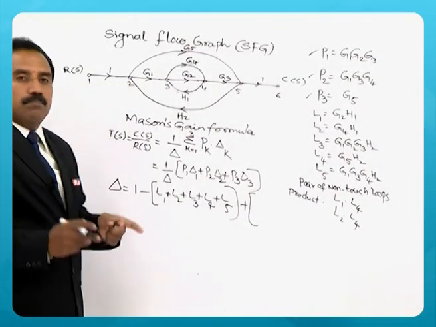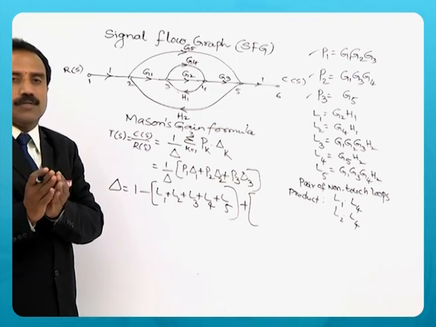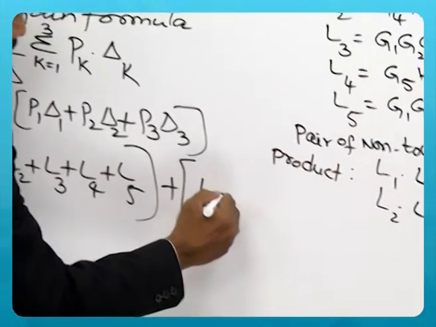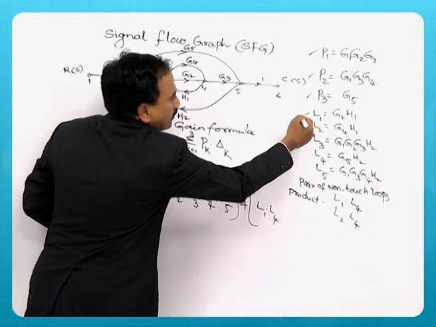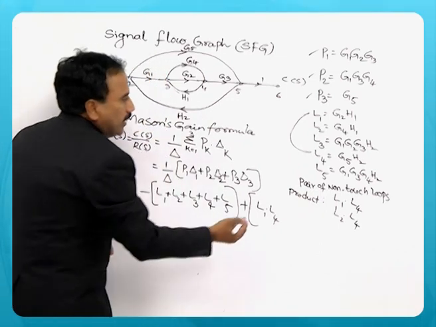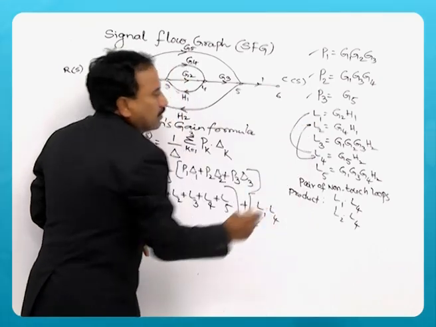Now, the pairs of non-touching loops. The product of pairs of non-touching loops, as we have already seen, L1 times L4, this one and this one, and next L2 into L4. This is another pair.